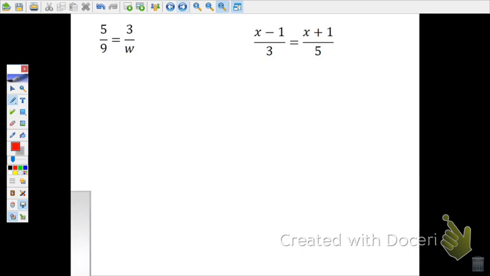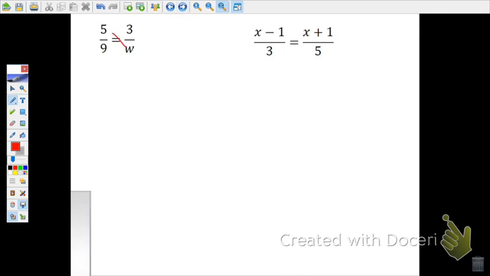Then the rest of our problems are already set up as proportions. You'll see a variable. So we're still going to cross multiply and set up an equation to solve.